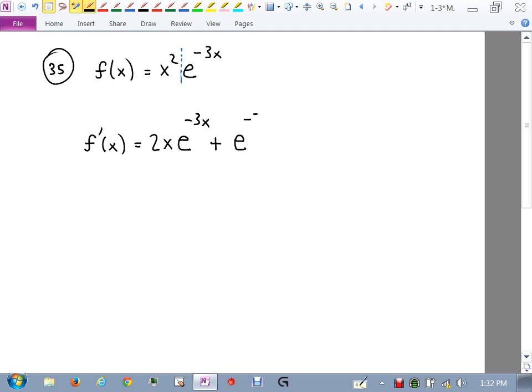Itself, right? The derivative of e to anything is itself. Times, the chain rule says, then go up here and take the derivative of what's up there. What's the derivative of what's up there? Negative 3, right? Because the derivative of negative 3x is negative 3. And then what else? Times x squared.